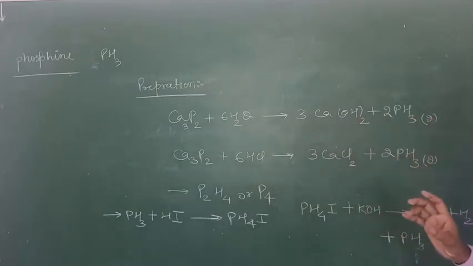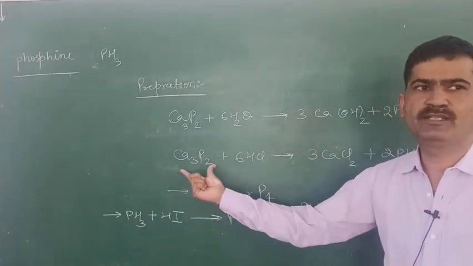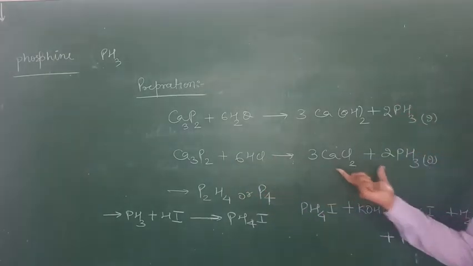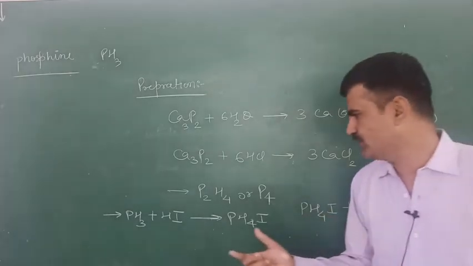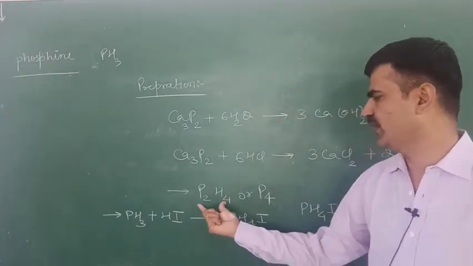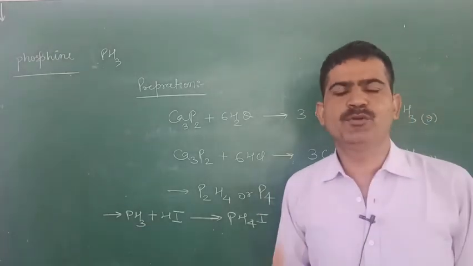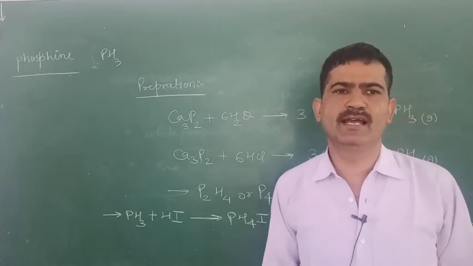The second method for the production of phosphine gas: calcium phosphide reacts with hydrochloric acid, it gives you calcium chloride and phosphine gas. This phosphine gas has impurities of diphosphine and vapors of white phosphorus. This impurity makes the phosphine gas inflammable and highly explosive.